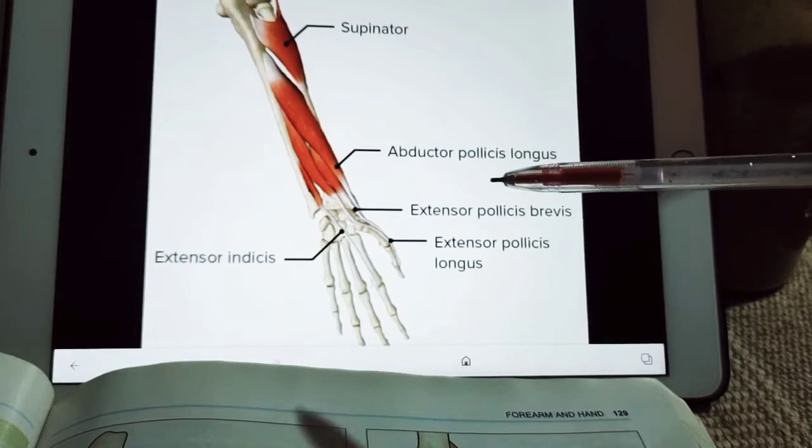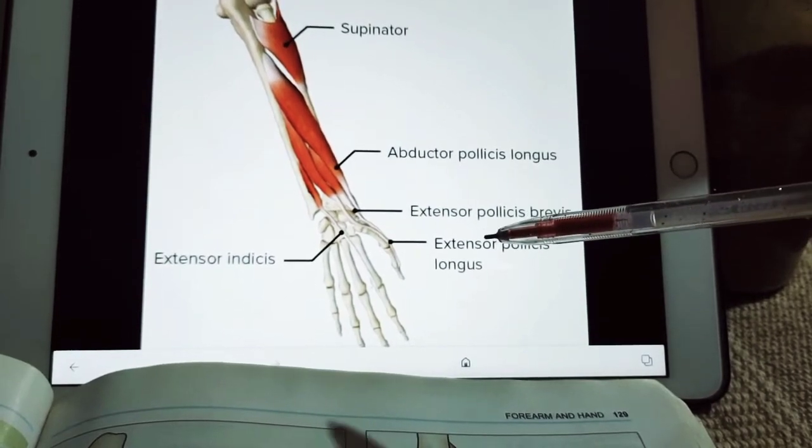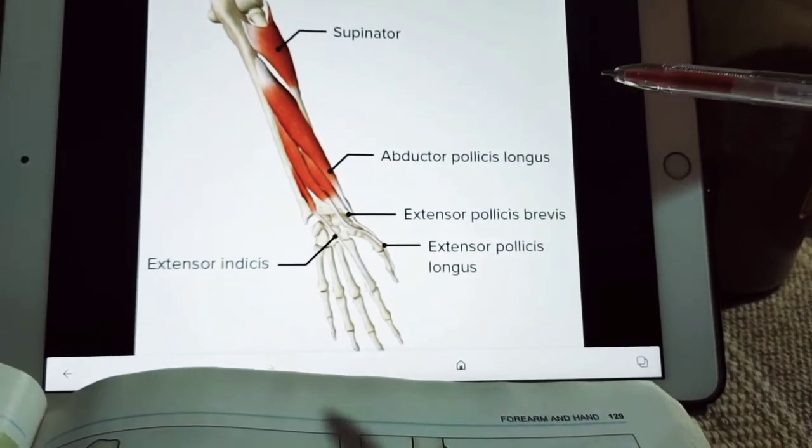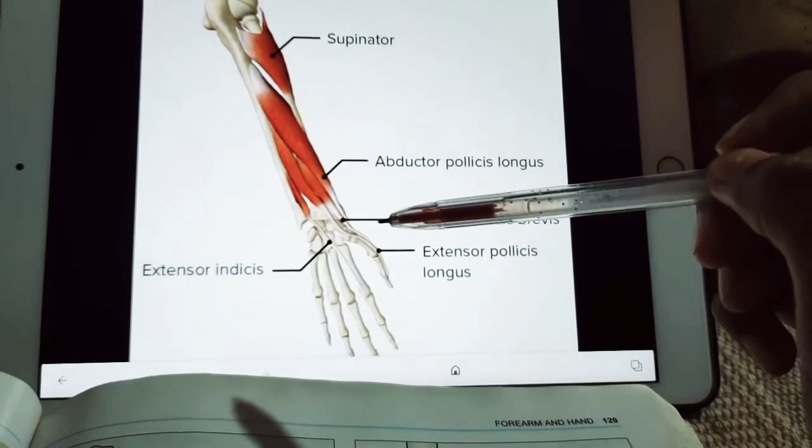It is supplied by the deep branch of the radial nerve, and it extends the distal phalanx of the thumb.